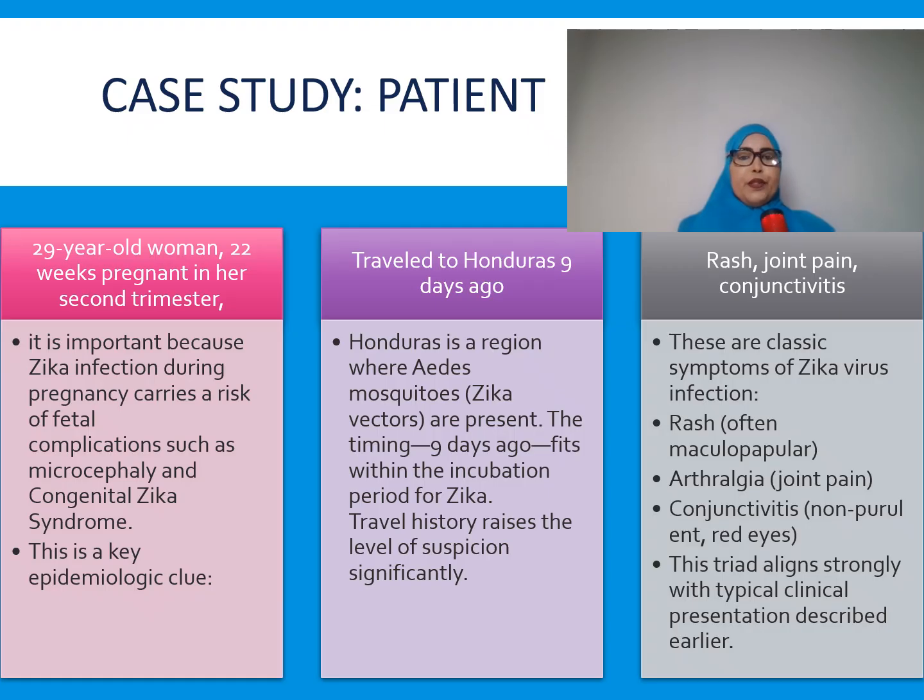It is important because Zika infection during this pregnancy carries the highest risk for the fetus, with complications such as small brain, congenital Zika syndrome. This is the key epidemiology clue, because it's most risky at that age when the brain is developing.